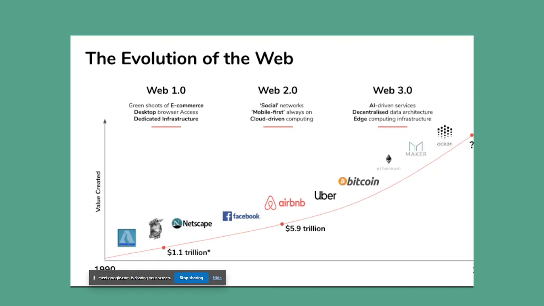As you can see from my snapshot, these are applications you use on a daily basis, from Uber, Airbnb, Facebook, and any other kind of social app. I hope you can distinguish between Web 1.0 and Web 2.0.